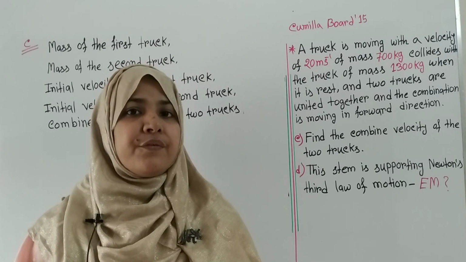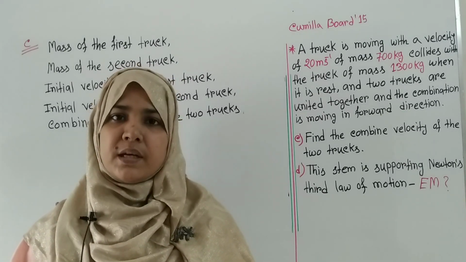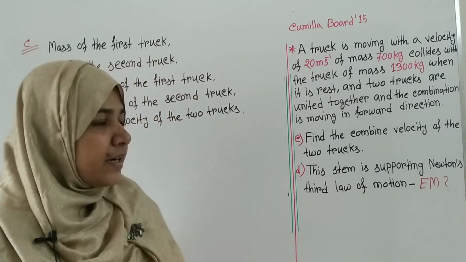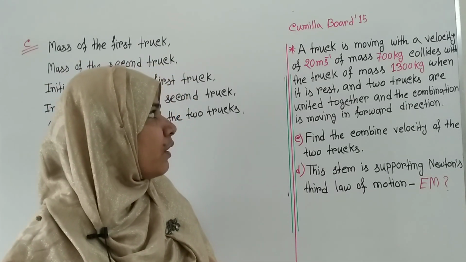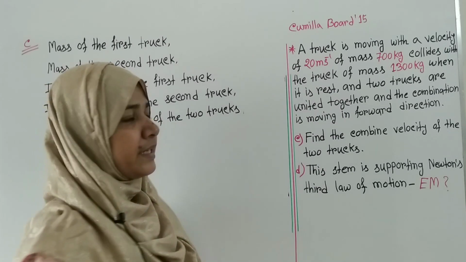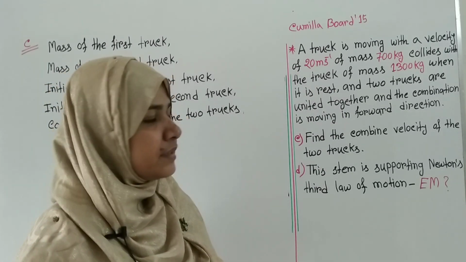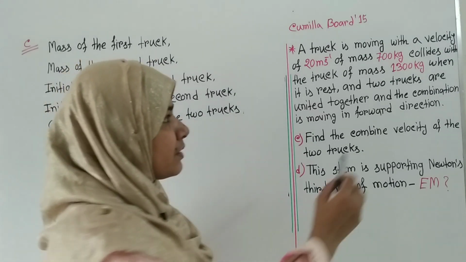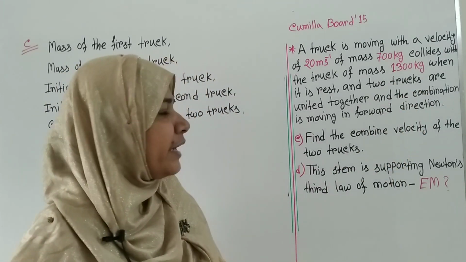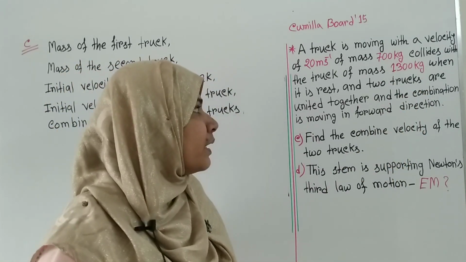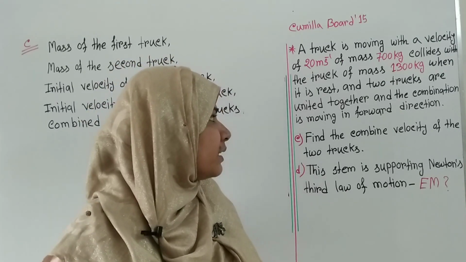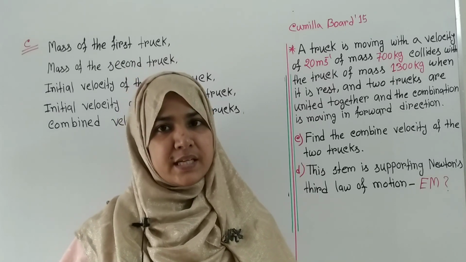Students, our first creative question is from Comilla Board 2015. The question is: a truck of mass 700 kg moving with a velocity of 20 meters per second collides with a truck of mass 1300 kg at rest, and the two trucks are united together and the combination moves in a forward direction.